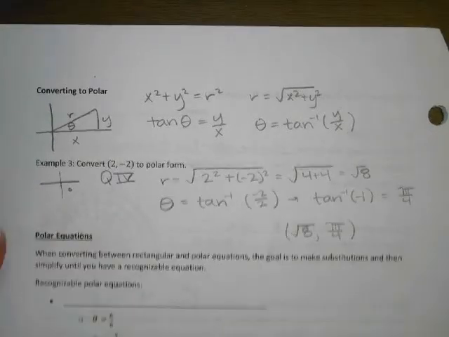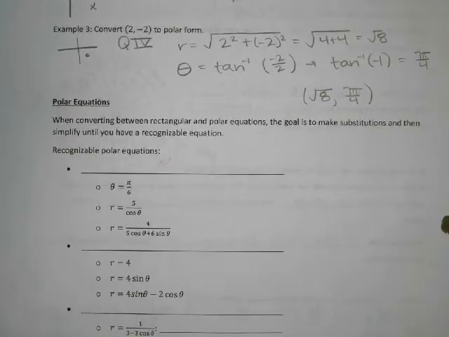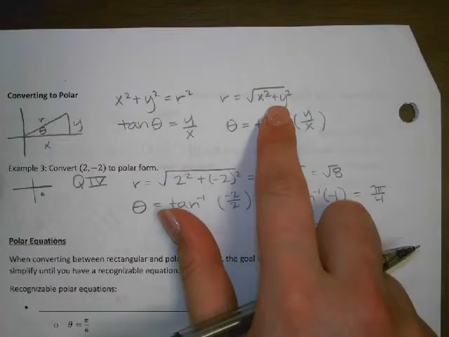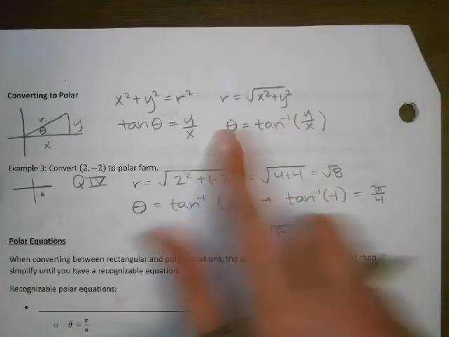Okay? When we start talking about polar equations, and we are converting things back and forth between polar equations and rectangular equations, we always want to make substitutions using our little formulas that I showed you. So that's r equals square root of x squared plus y squared, and all of that.